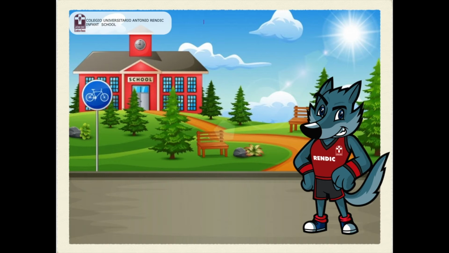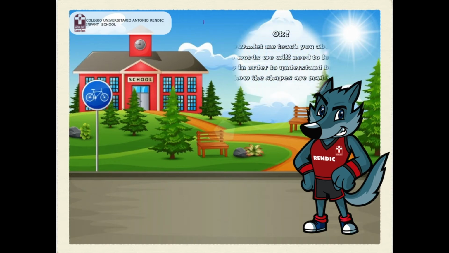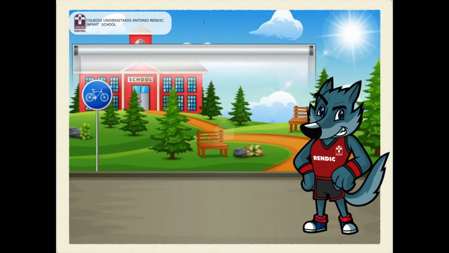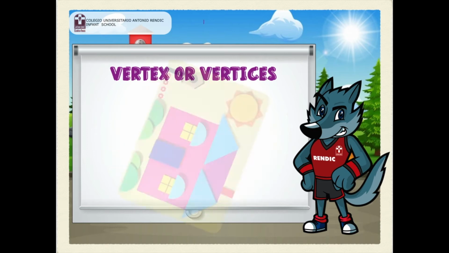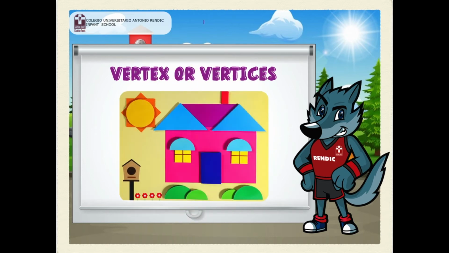Okay, now let me teach you about 2 words we will need to learn today in order to understand better how the shapes are made. Vertex or vertices. Look at this beautiful house.